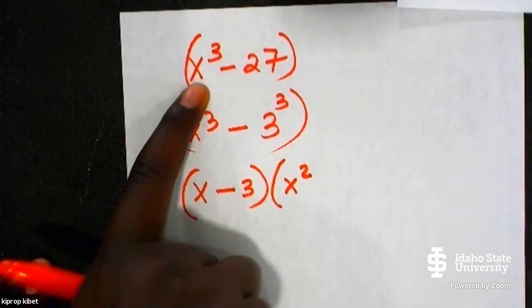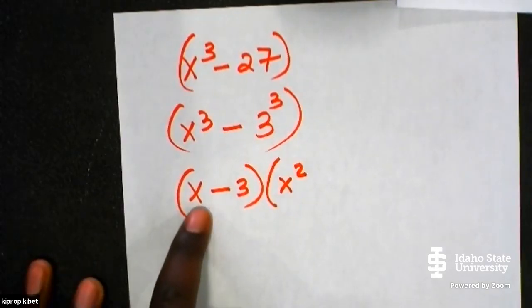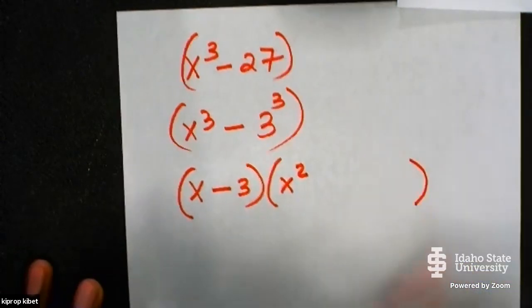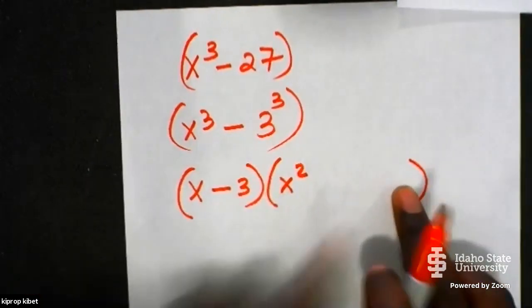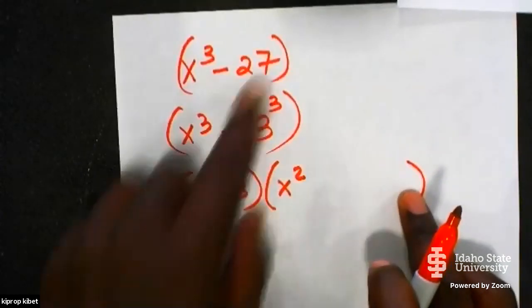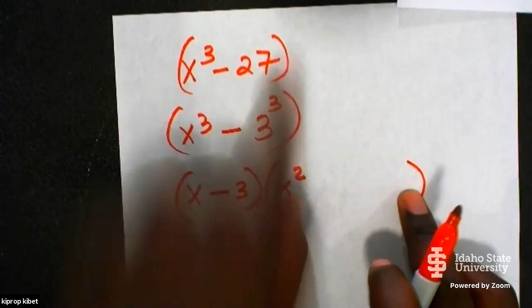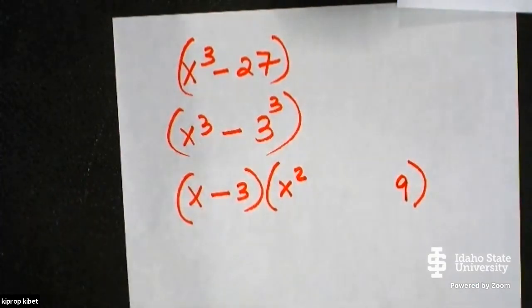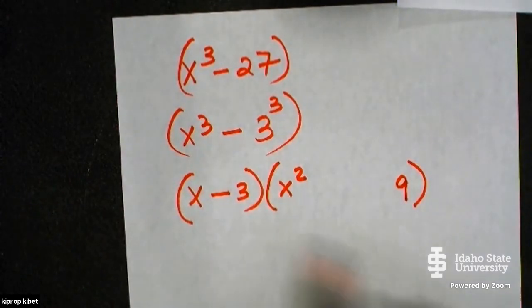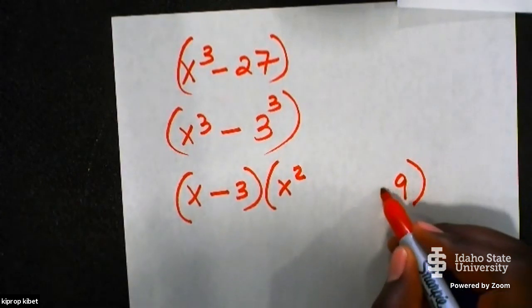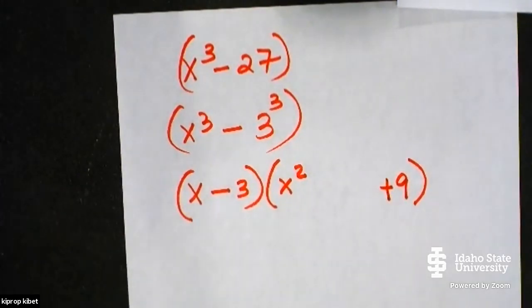Then the last one should be what, so that it gives us 27? 9. So there is a 9 there, and since this one is a minus, this should be a plus.